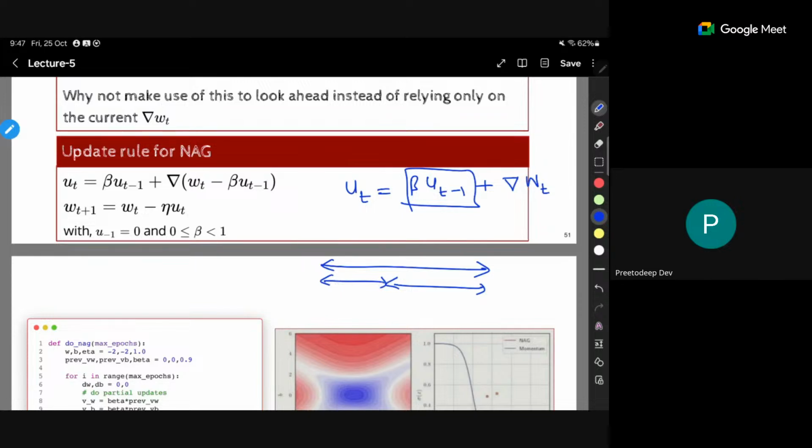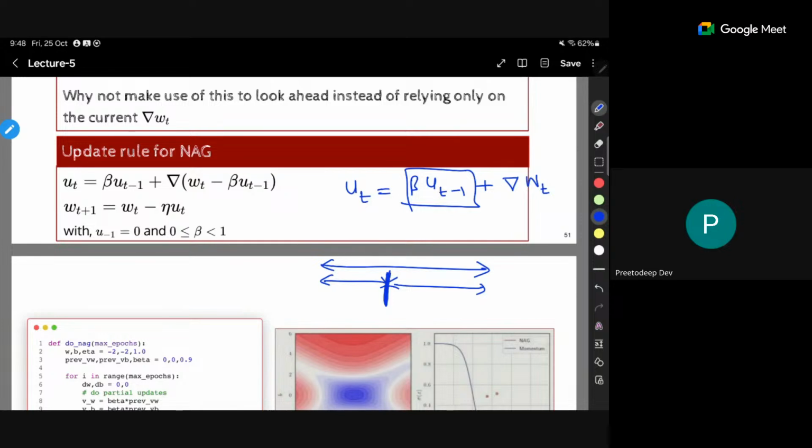Then what I'll do is first I'll move by up to this much. Right? This much I'll move, and then I'll take the gradient, and then I'll decide how much I want to move. Should I go in this direction, or should I change the direction also? Possible, right? So it might change direction also. So first take this and then move, right? So it has a better look ahead.